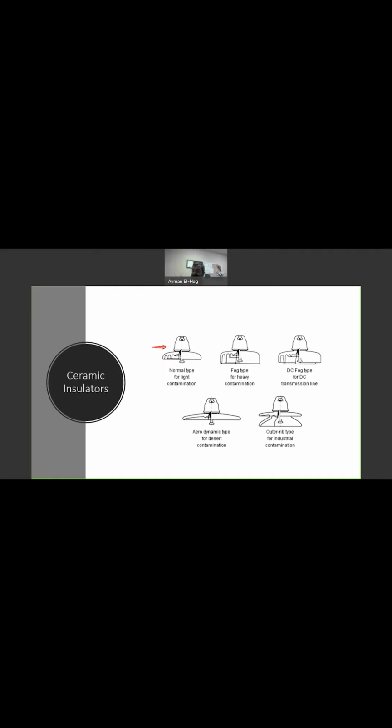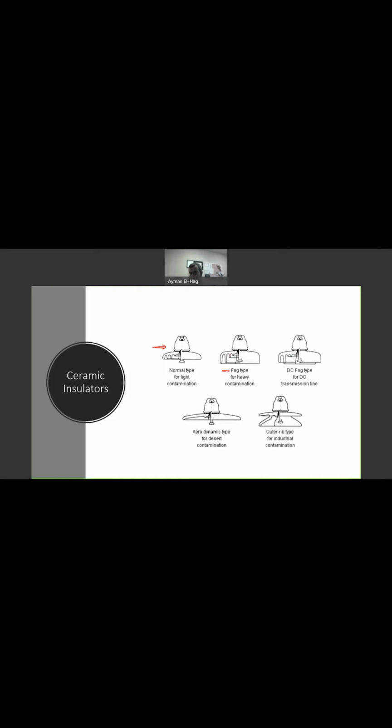However, if you notice the glass insulators, the grooves or the corrugations were deeper. And this depends on the severity of the pollution, how much protection, how much increase in the leakage distance I want to achieve. So you can see here a different design. This is called a fog type, for heavy contamination.